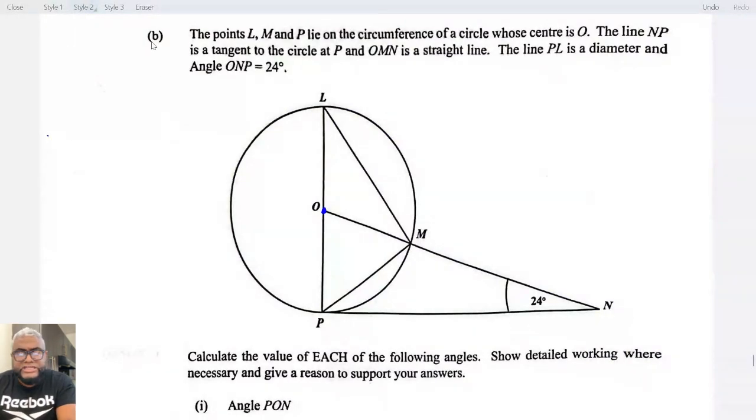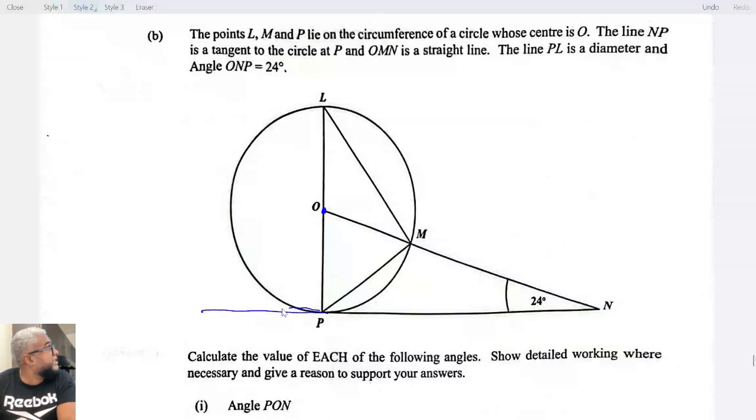Right, so this is June 2025. The points L, M, and P lie on the circumference of the circle whose center is O. The line N to P is a tangent. So it stops here, but it can actually keep going on and on.